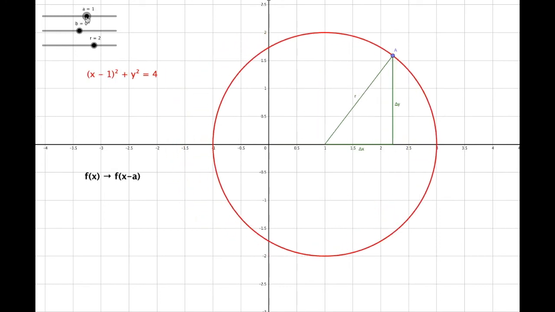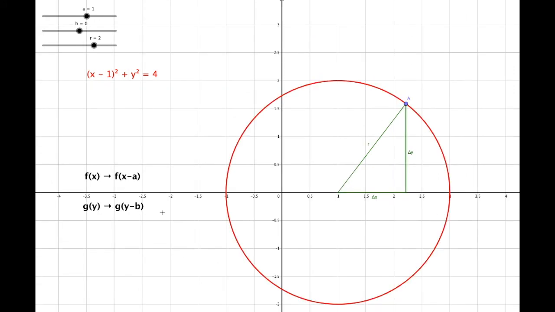And as you will know from graph transformations, when we subtract from the x, it moves the graph to the right. Essentially what's happening, or another way of looking at it, is that it moves the axis to the left. So the minus is telling us what's happening to the axis. There is some consideration of this in June 18, Unit 1, Question 5, the video for that.